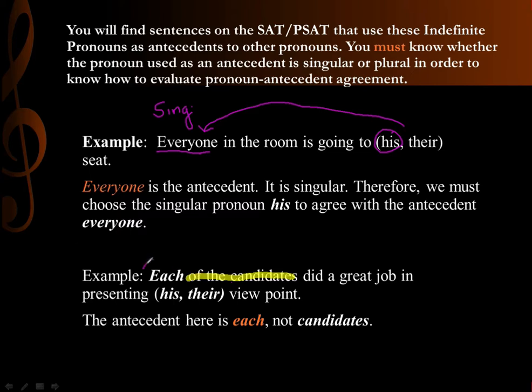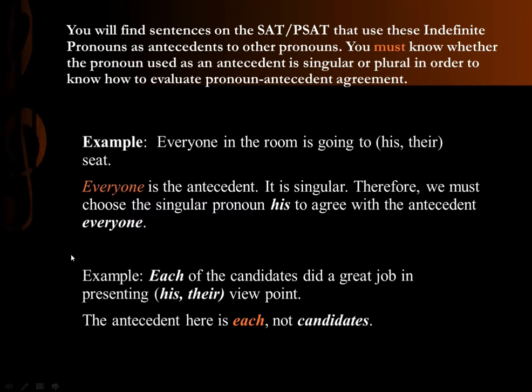Therefore, we're left with each as our subject, and it is the antecedent of this pronoun. We know that each is singular because we memorized it, and therefore we have to choose the singular pronoun. Let's see how that works when we do some more sentences.